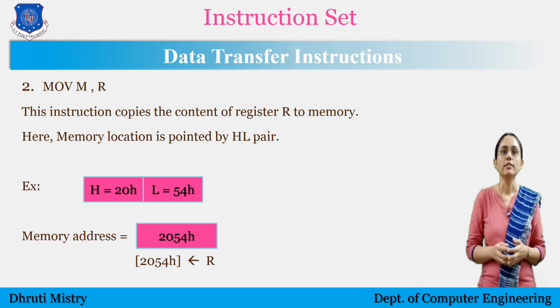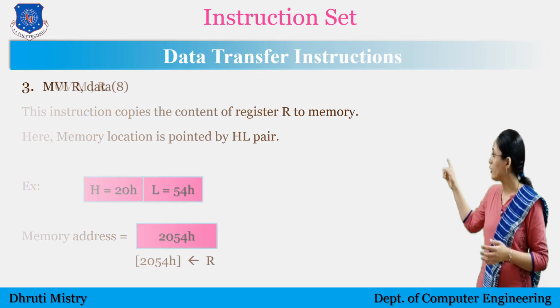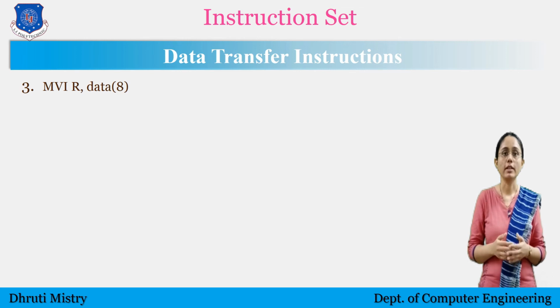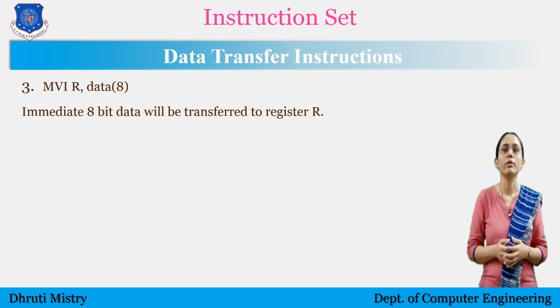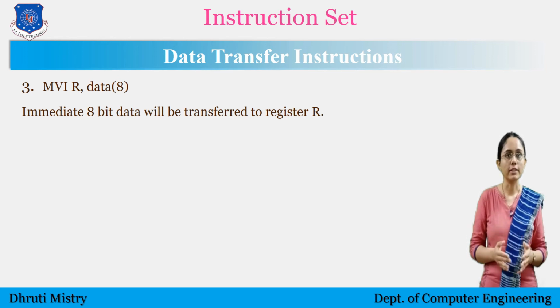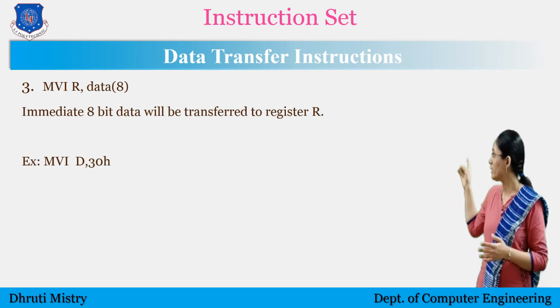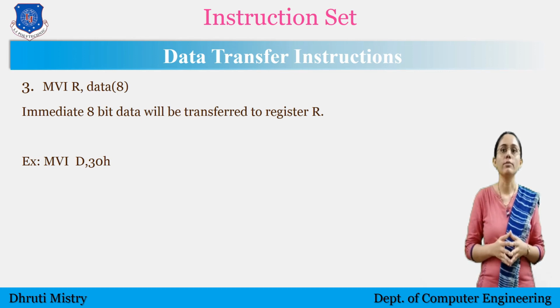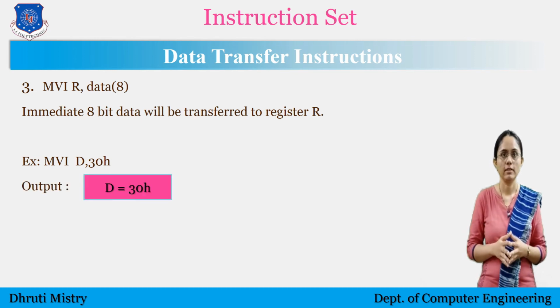Third instruction, that is MVI R, 8-bit data. In this instruction, immediate 8-bit data will be transferred to register R. If I execute MVI D, 30 hex, then after execution D will become 30 hex.